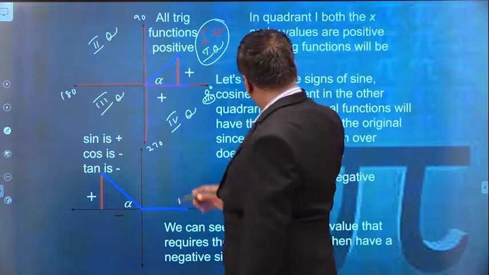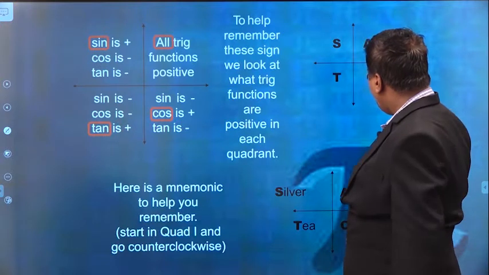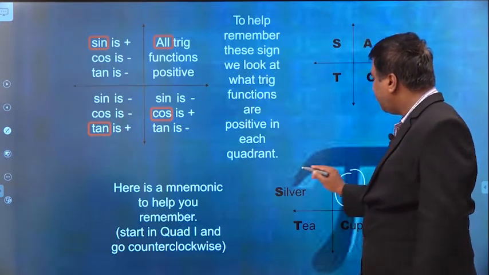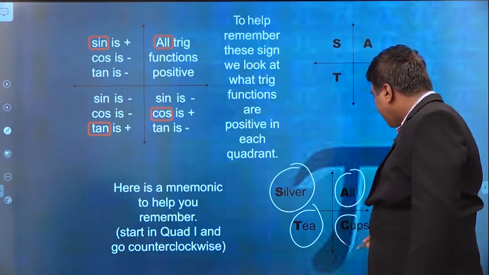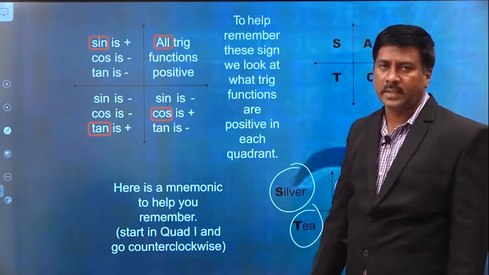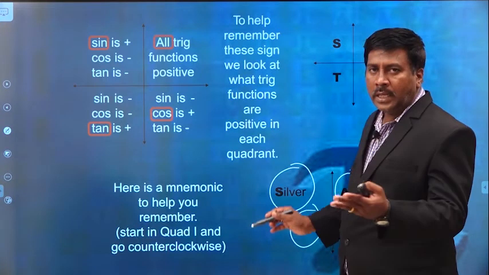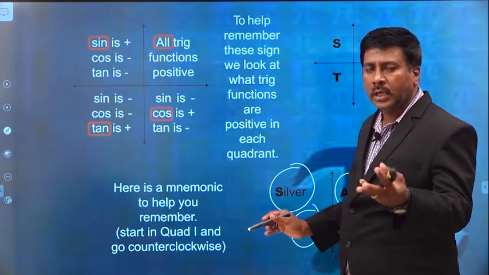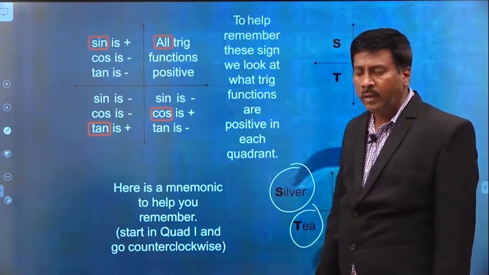That is why we have to know the rule for finding this: All Silver Teacups. Please all of you look at the board. That means you consider the first letters. A means all the trigonometric ratios, sine, cos, tan, cosecant, secant, cot, are positive in the first quadrant of the coordinate plane.